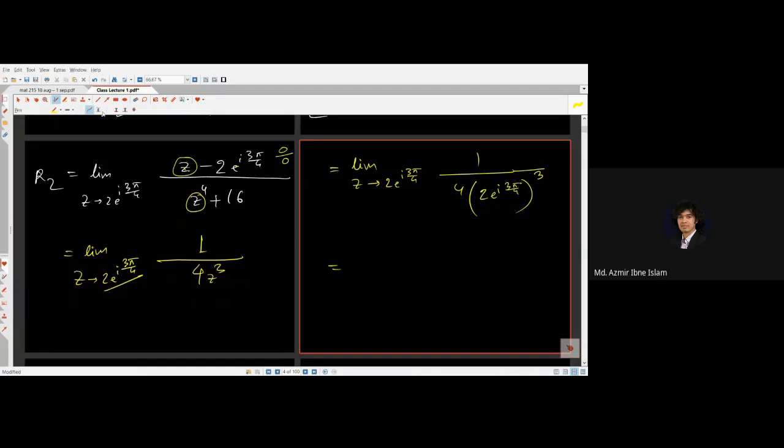So that is 1 over 4, 8 e to the power I 3 pi by 4 times 3. Actually, you are getting 9 pi by 4. Okay, this is R2.